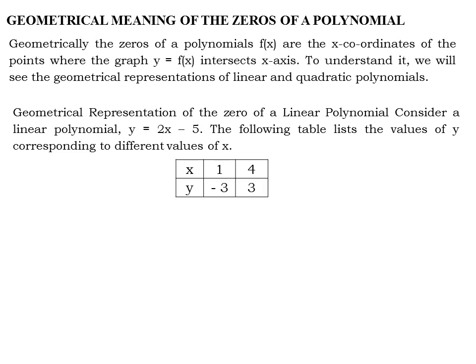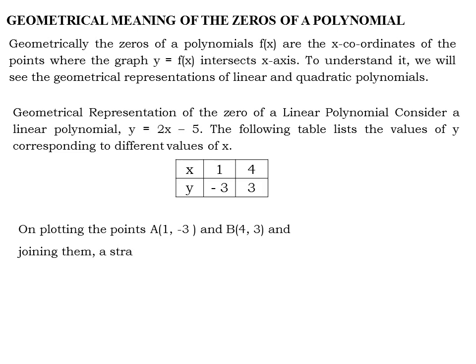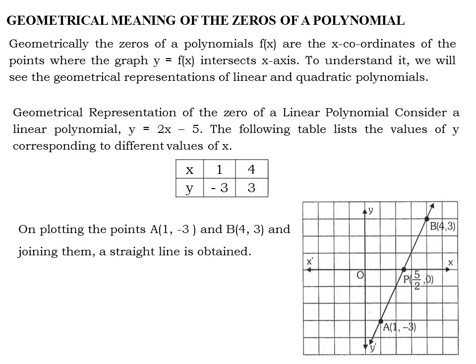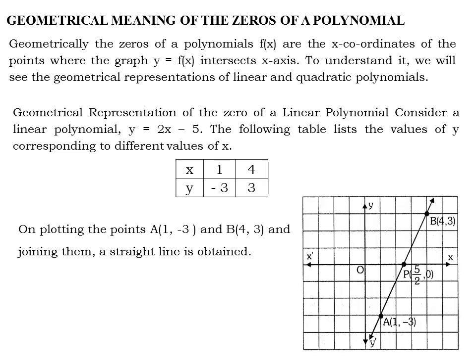Now plotting these 2 points on a graph and drawing a straight line joining them, we obtain a graph like this. Now we can observe the graph intersects the x-axis at point P, whose coordinates are 5 by 2 comma 0.